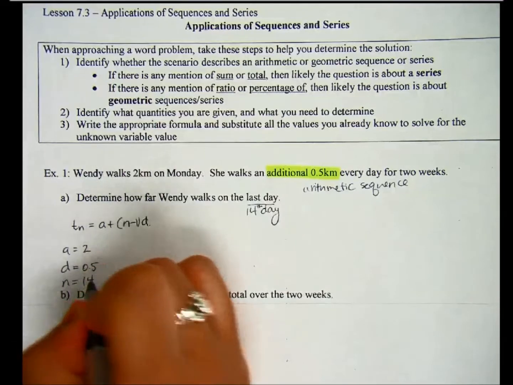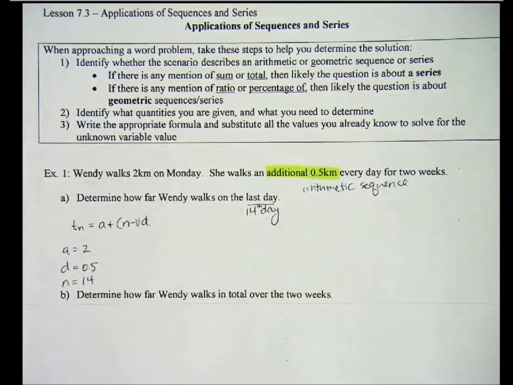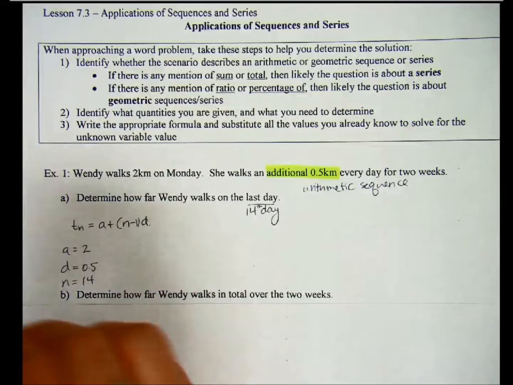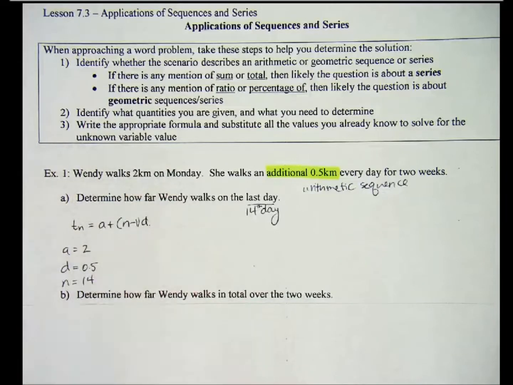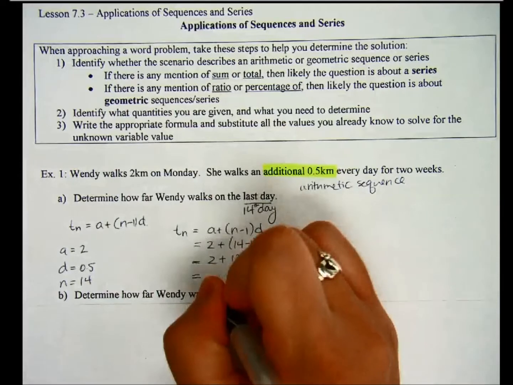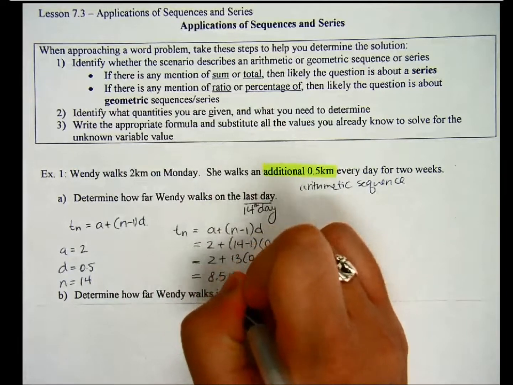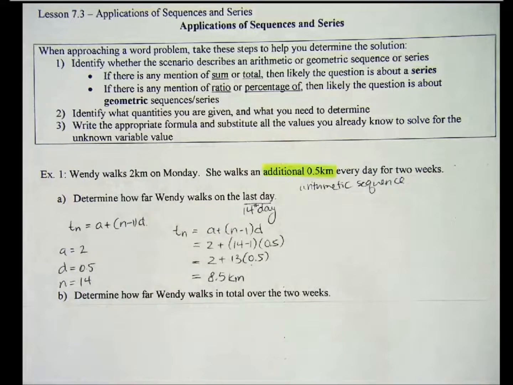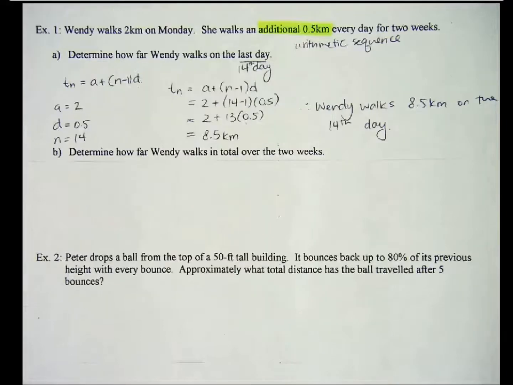And n, well, we want to know the 14th day, so n is equal to 14. Plug everything in and solve for Tn. So as you can see, I've substituted all of my values in, and 2 plus 13 times 0.5 gives us 8.5 kilometers on the 14th day. I'm going to write my therefore statement.